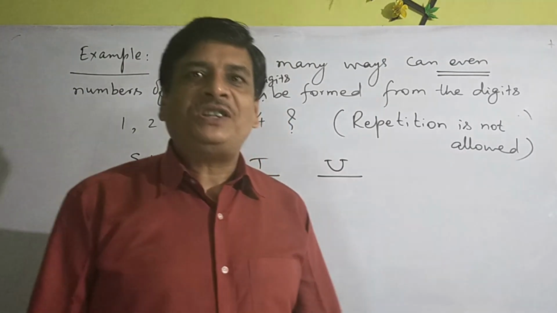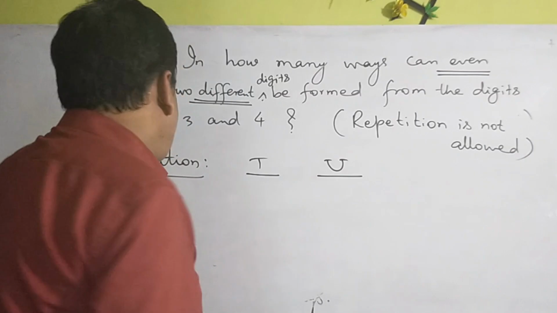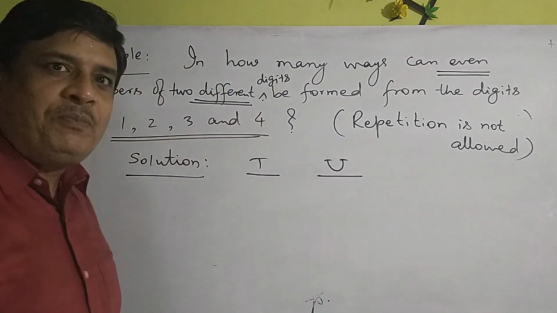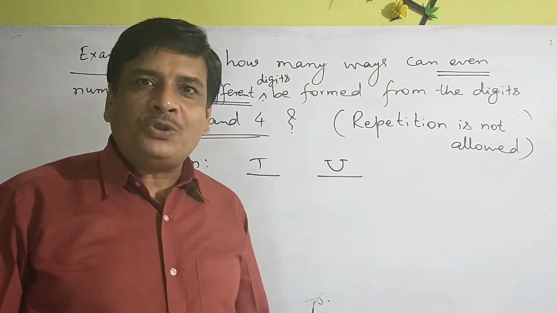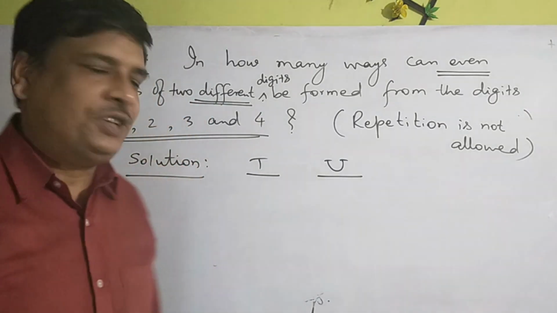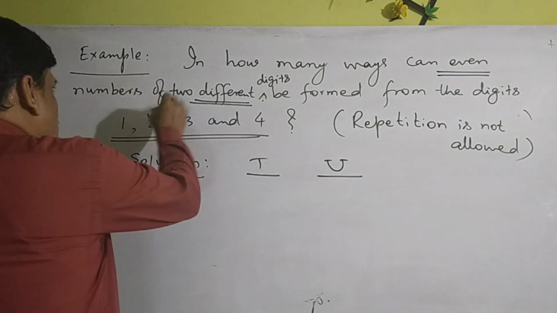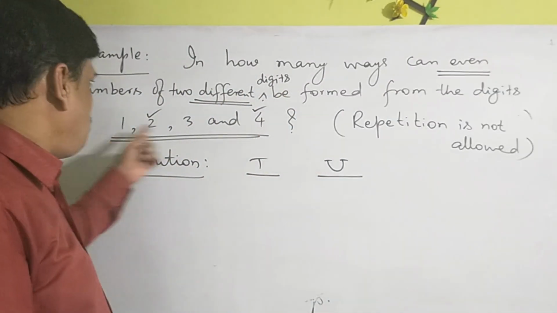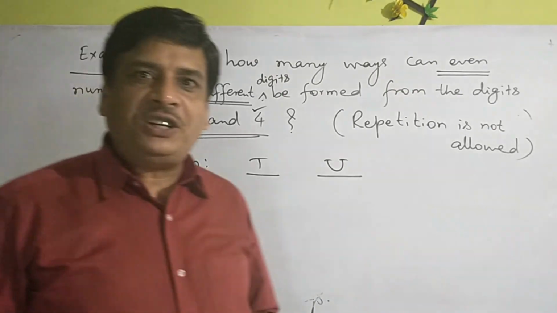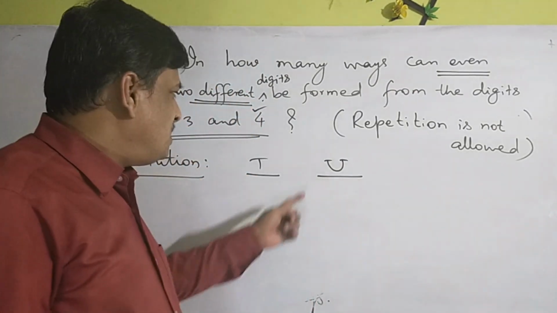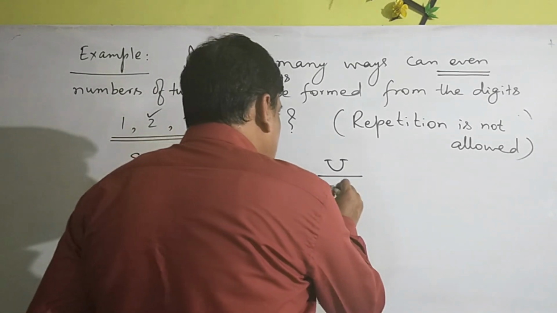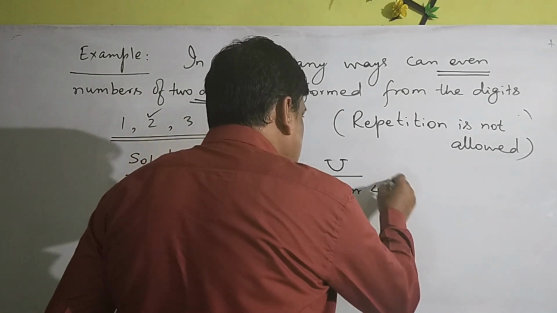If the units place is even, out of these 4 digits, what are those which are even? The numbers are 2 and 4. So out of these 4, even digits are 2 and 4, and the units place can be filled up by 2 or 4.